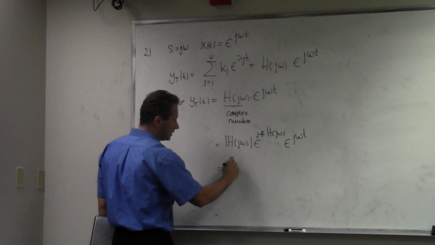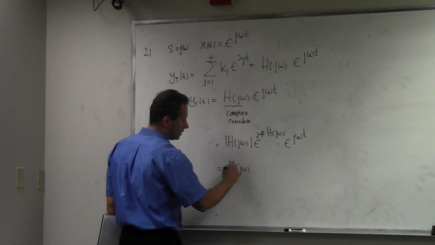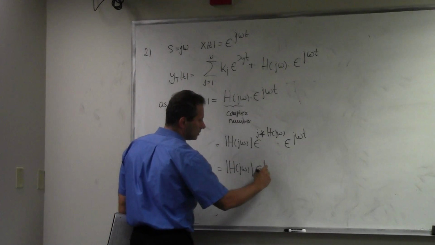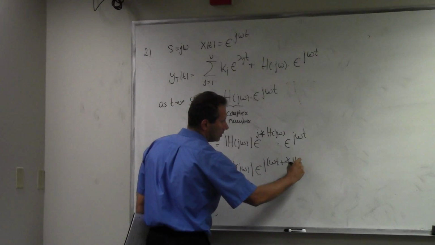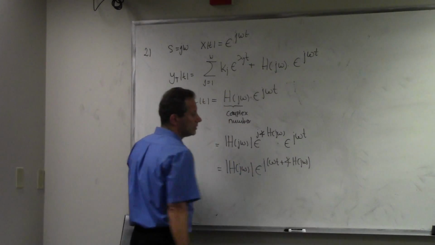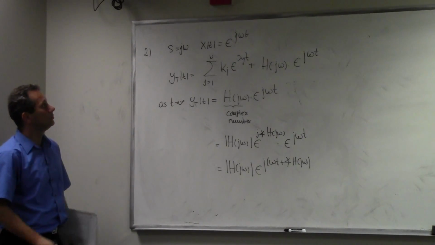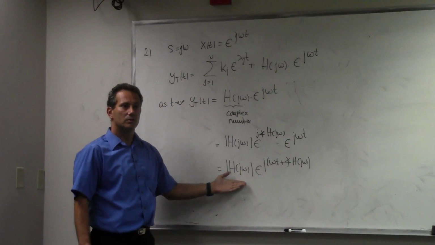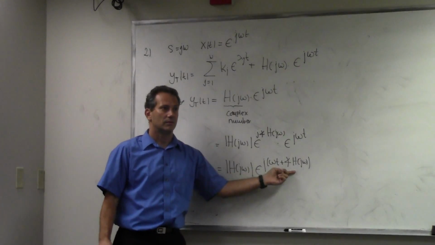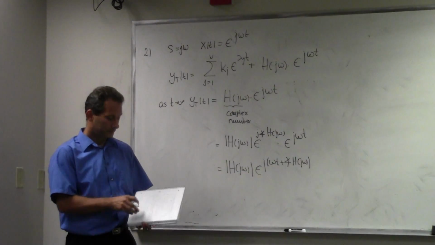So I can write this as the magnitude of h of j omega times e to the j, omega t plus the angle of h of j omega. So what can a linear system do to this e to the j omega t? It will change its magnitude and it will add to its phase, right?